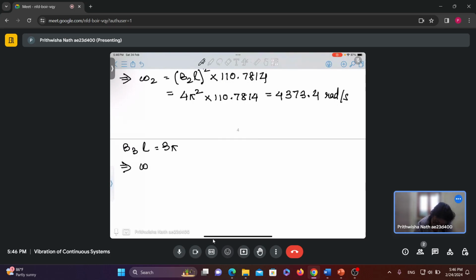Therefore, omega 3 equals, in place of beta 3 L, I will substitute 3 pi, which becomes 9 pi square into 110.7814.